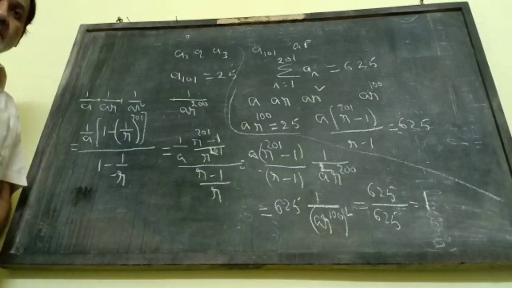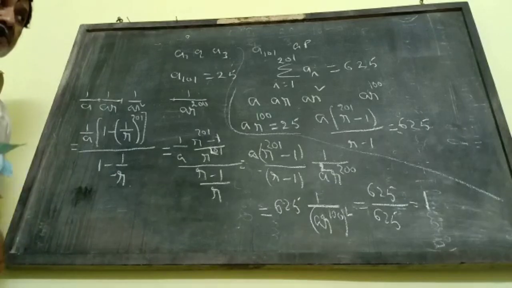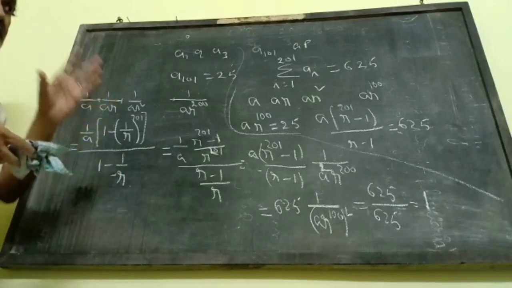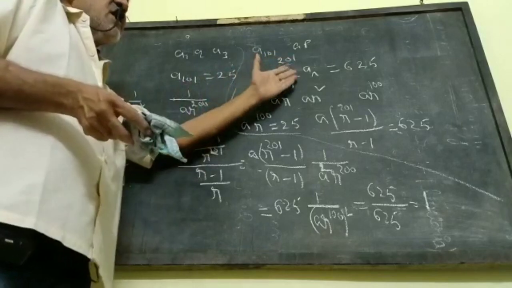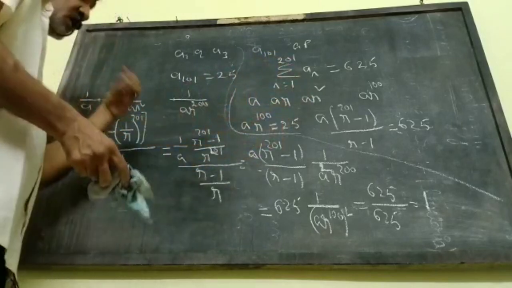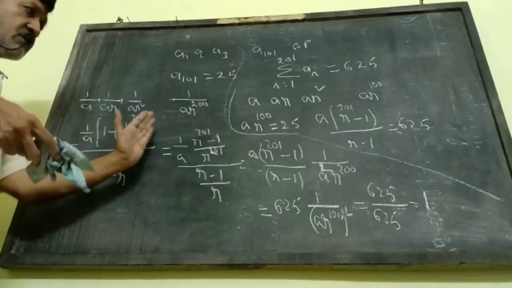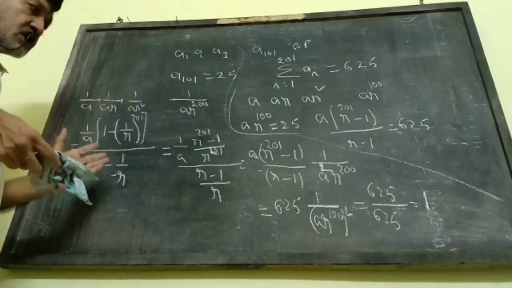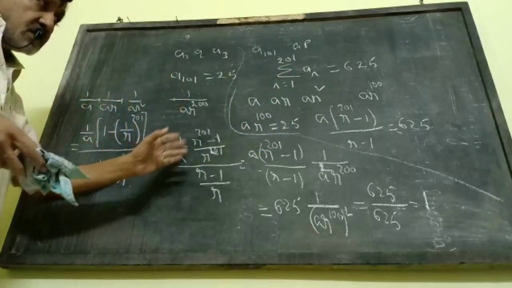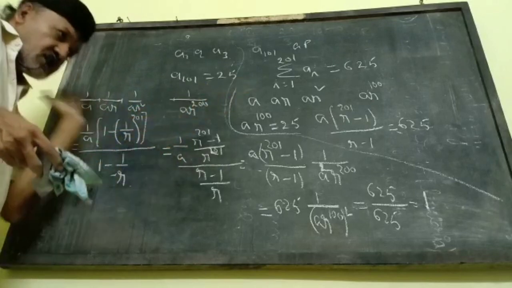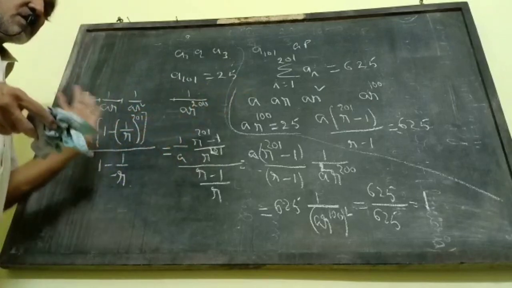I think this is a direct question. The only thing is you have to properly write the data. Implement the data and see what you are supposed to calculate. You write the sum of 201 terms and try to adjust it to see that data. This is called manipulation.